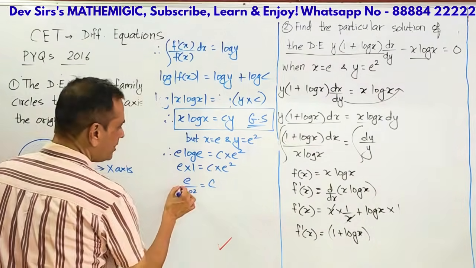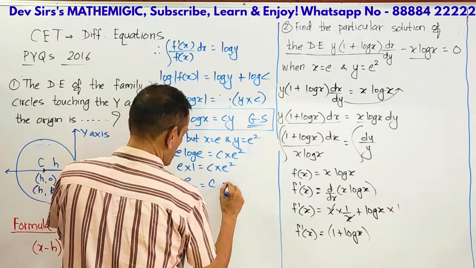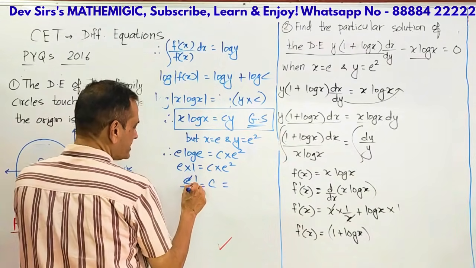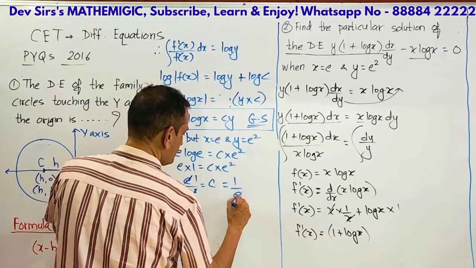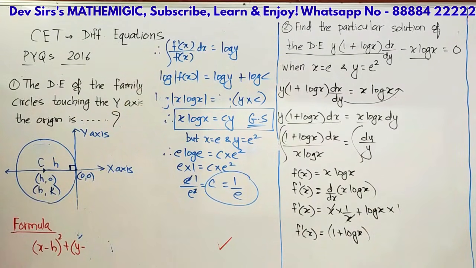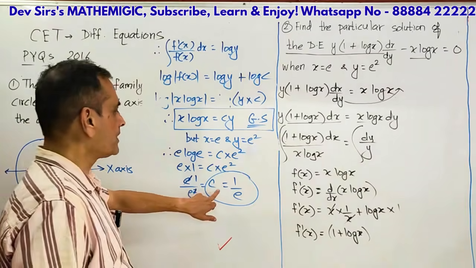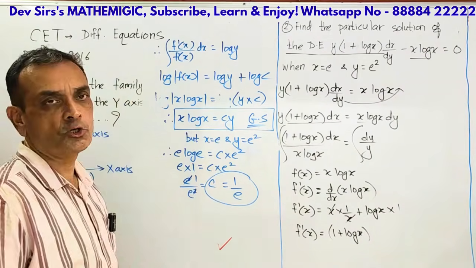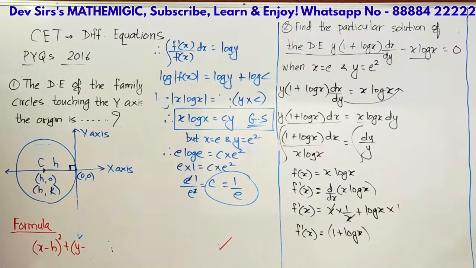E squared goes in the denominator. 1 e gets cancelled. C is equal to 1 upon e. This value of C you can substitute in the general solution to get the particular solution. Okay? This value of C is 1 upon e.